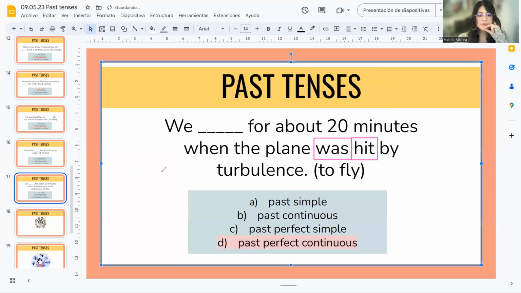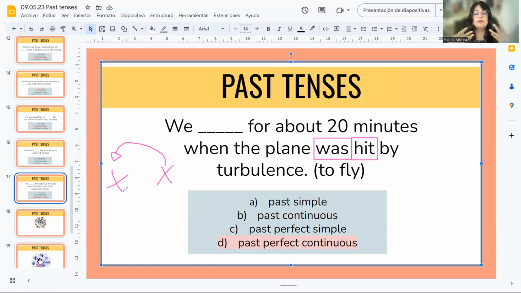We were hit by turbulence. That happened, but before that, something else happened, and was happening for a long time, right? So before we were hit by turbulence, we had been flying for 20 minutes, right? So that was happening, that was going on.